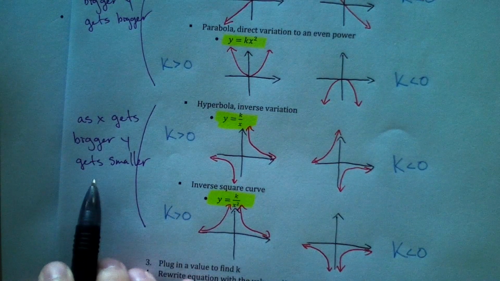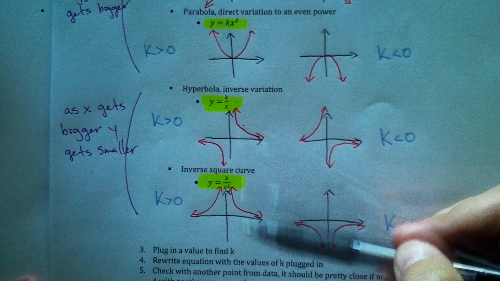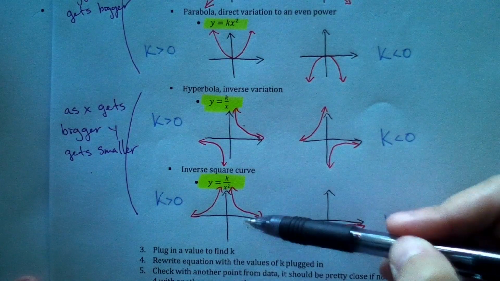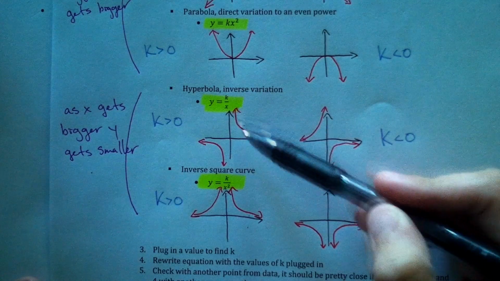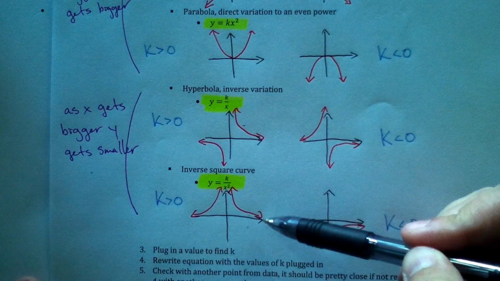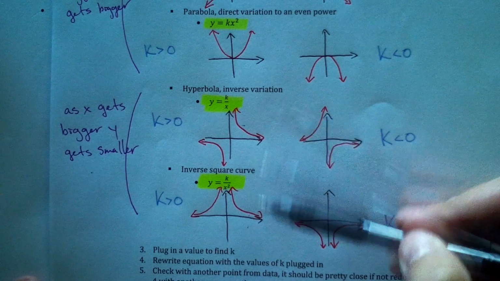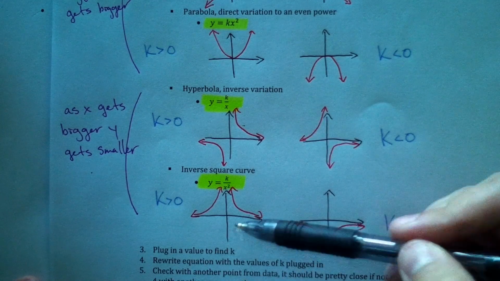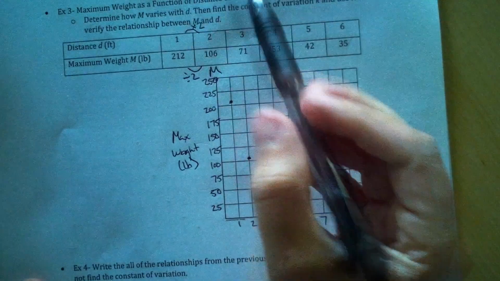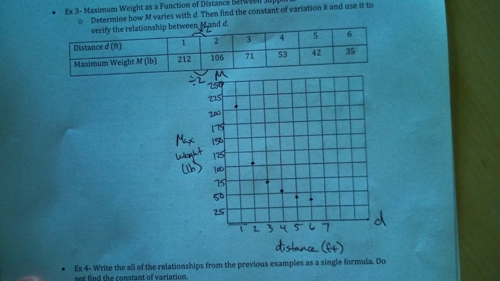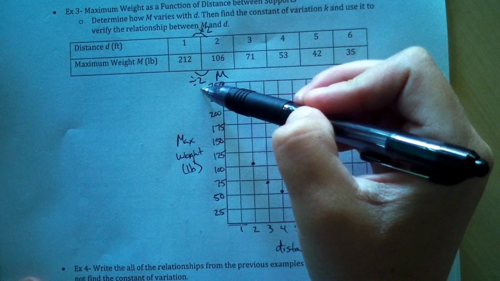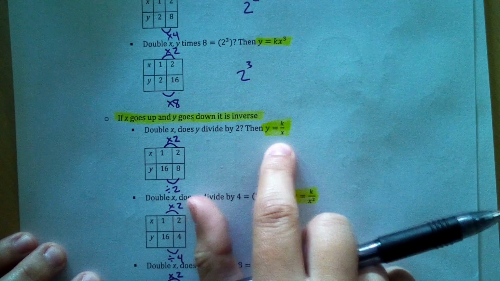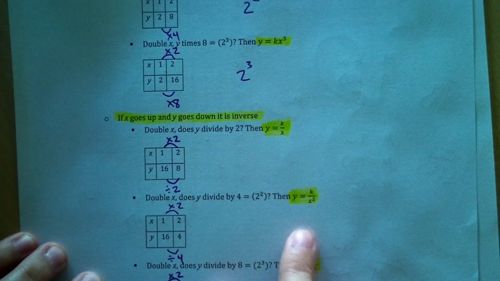And then we'll check that with another point. Again, I wouldn't use the 2, 106 because we know that'll work since we confirmed that before. So I'd pick a different one. Which one did you say? 3 and 71, we can do that one. It doesn't matter which point you use to check. We're going to put that 3 in there for the d value. So m is equal to 212 divided by 3, and if we do that out, I get 70.6 repeating.